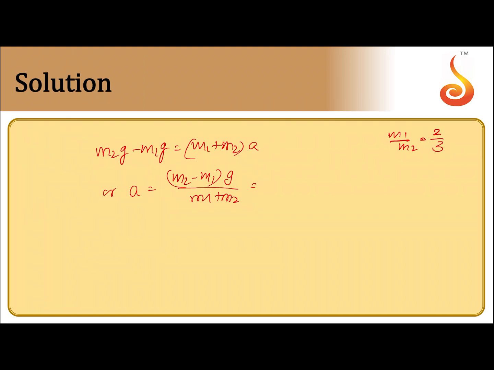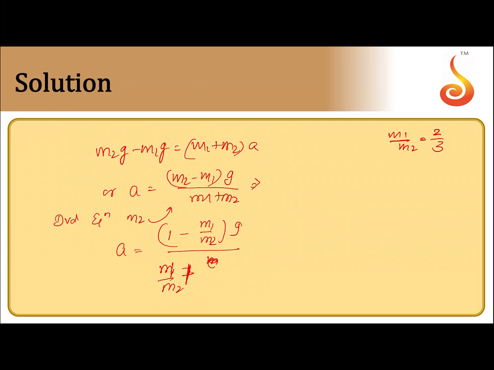So let me divide this equation by m2, that is the right hand side of this equation. So this is equal to 1 minus m1 by m2 into g divided by 1 plus m1 divided by m2.